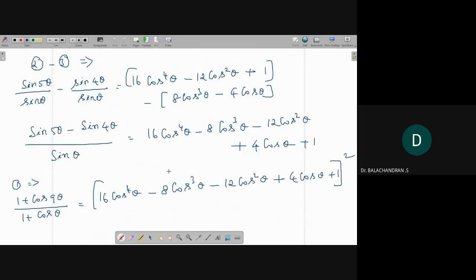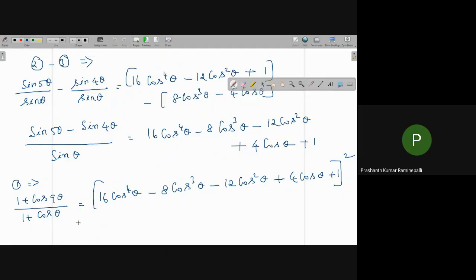So now you should write the right hand side in terms of 2 cos theta. Because 2 cos theta whole power 4, minus 2 cos theta whole cube. Here I should write 3 into 2 cos theta whole square. 2 square is 4, but here I have 12, so 3.